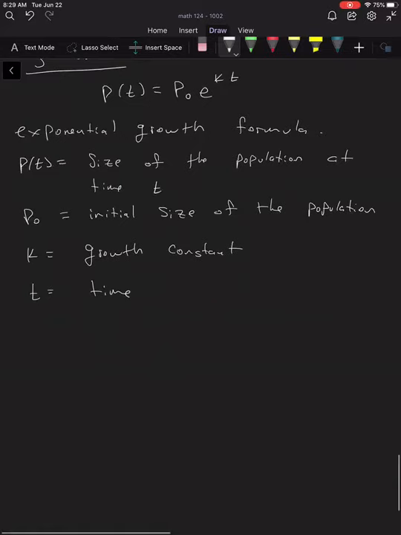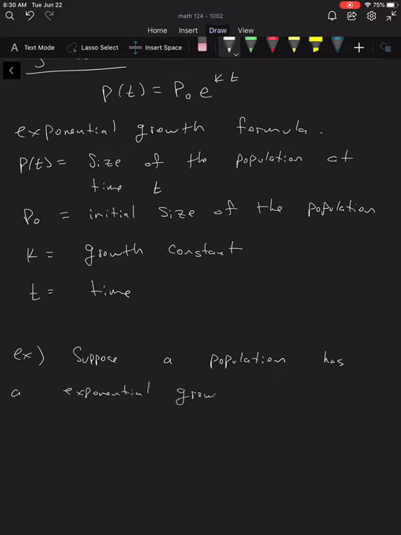So a standard example is, let's say, suppose a population has an exponential growth constant of 2%.